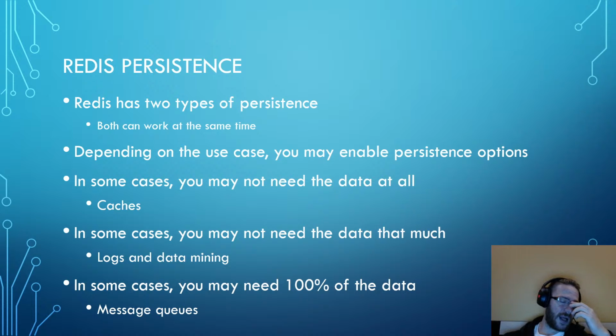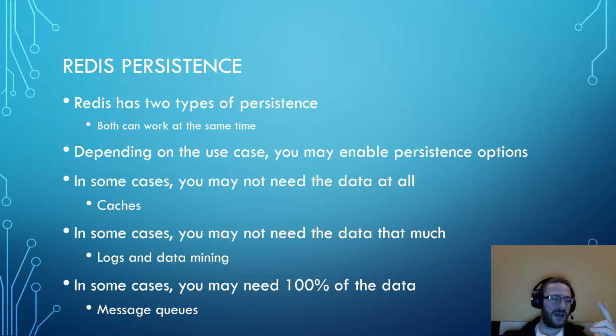Because if you have a lot of data entries, and if you lose only 1 second, that may not be a problem for your business case. For example, when you have a lot of analytics going on, and it doesn't matter whether your website was visited by 20 users or 22 users.